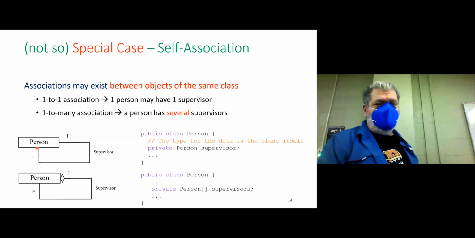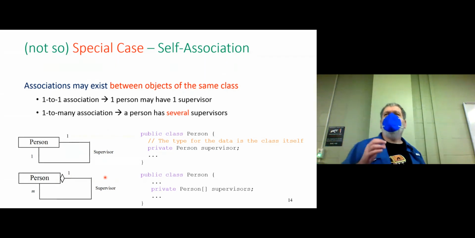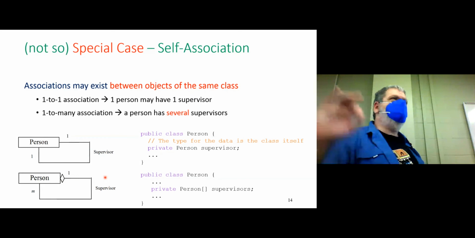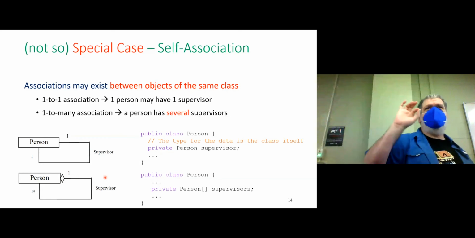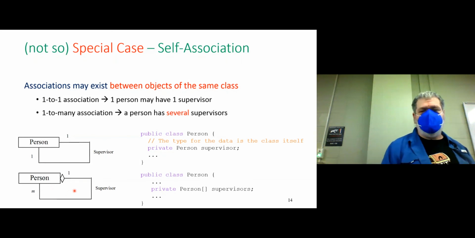So in this case we have each person has 1 supervisor, and each person who is a supervisor has 1 supervisee, I guess that's a word. Maybe I'm making up words. So we can define relations like that that are just self-referencing, okay? And we still use arrows, we still use arities and stuff like that. It's not really conceptually different.